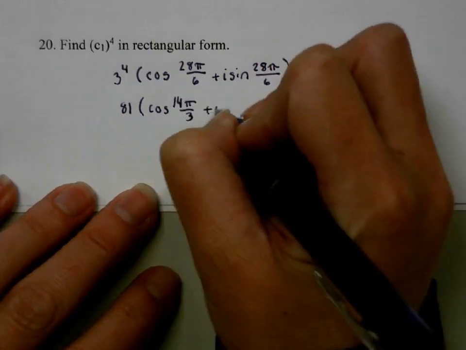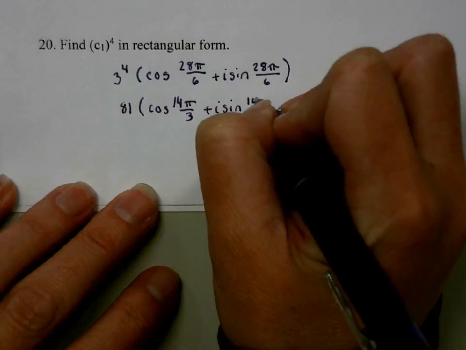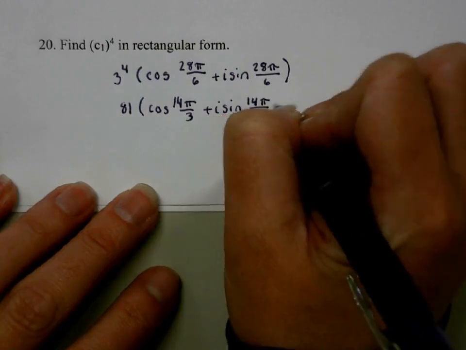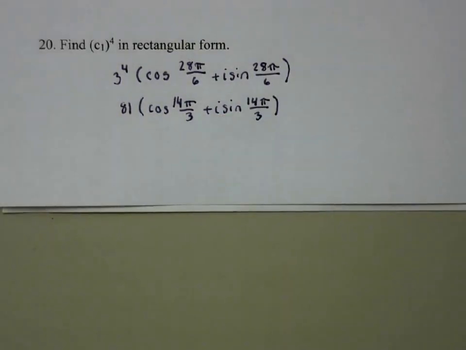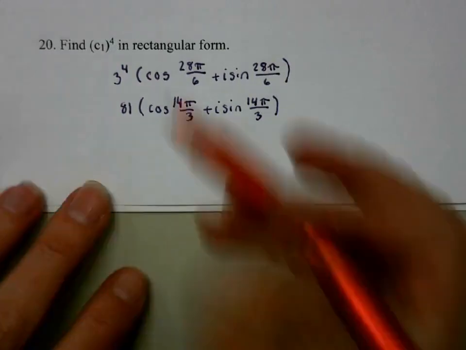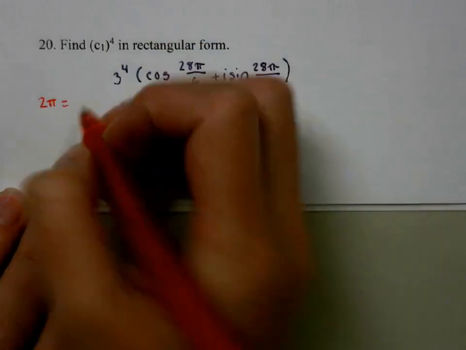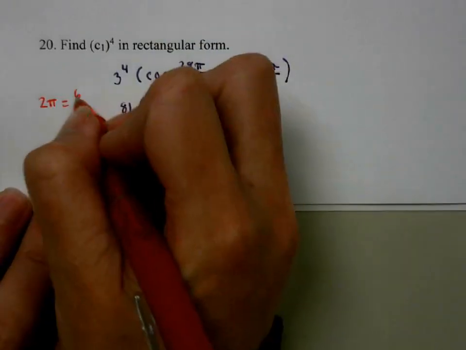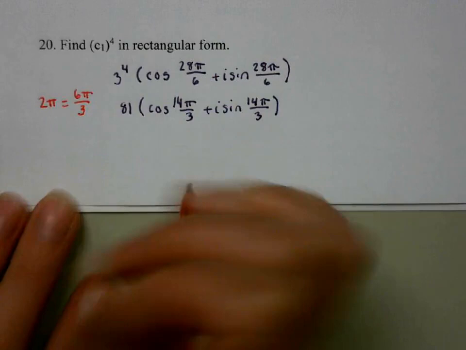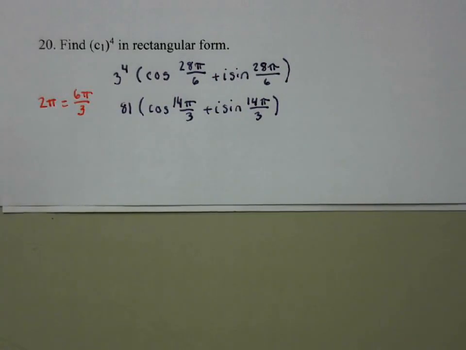So what I'm going to have to do is subtract 2 pi, which in this case is going to equal 6 pi over 3. In this case, I'm going to do that twice. 6 pi over 3 would get me to 8 pi over 3. Do that again to get 2 pi over 3.